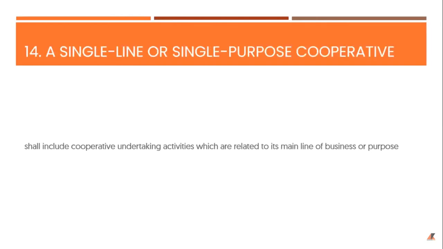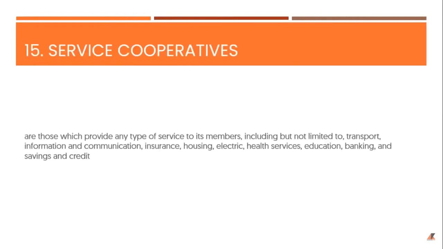Next, we have a single line or single purpose cooperative. So, from the word itself, it shall include cooperative undertaking activities which are related to its main line of business or purpose. Okay? So, meaning, iisang purpose lang po yan. Okay? And later on, mababanggit natin yung mga different purposes wherein pwedeng ma-establish ang isang cooperative.